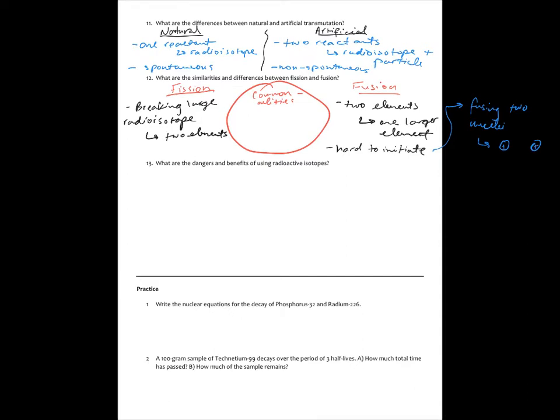When two positives try to come together, they want to repel each other. They want to go away from each other. So that's why it's hard to do. You need a lot of energy to bring these two nuclei together. Because you have two like charges, likes repel, so they want to push away from each other.